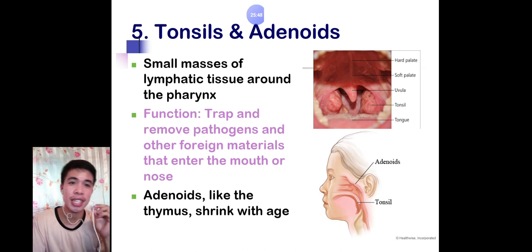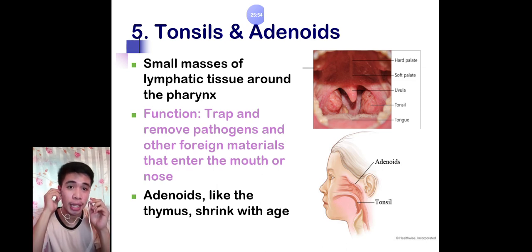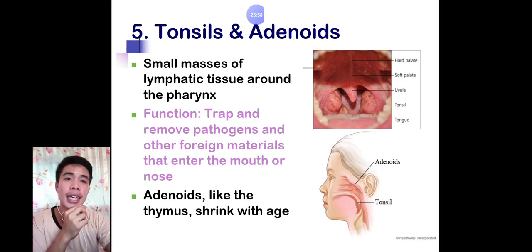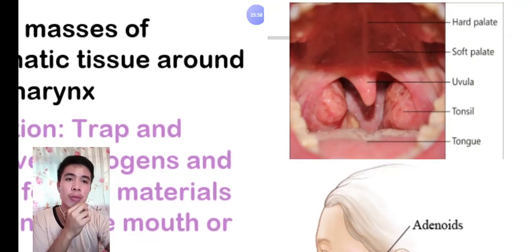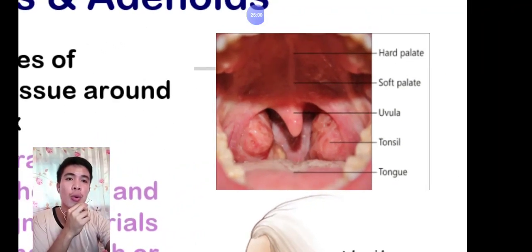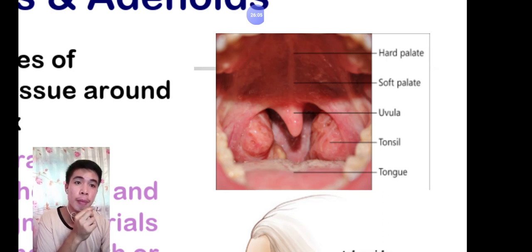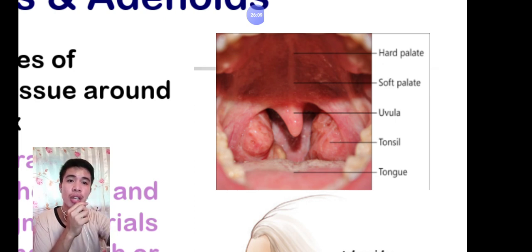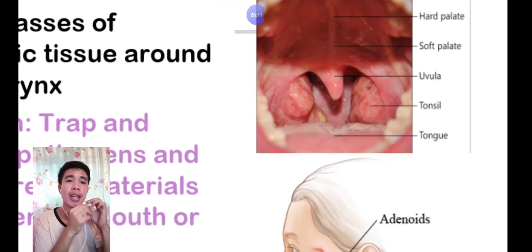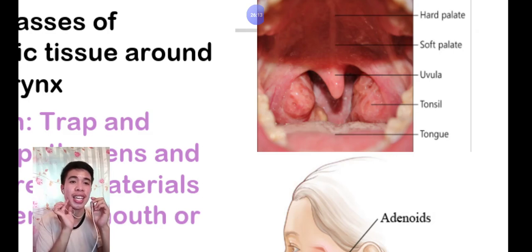Okay, tonsils and adenoids. Small masses of lymphatic tissue around the pharynx. Okay? Mauna siya ang tonsils. Zoom natin. So, wait lang. The red part is the hard palate. So, palate and uvula, tonsil, and the tongue. Ang tonsil karon mao ni siya ang diri dapit sa atong baba kanang duha ka lingin dira.